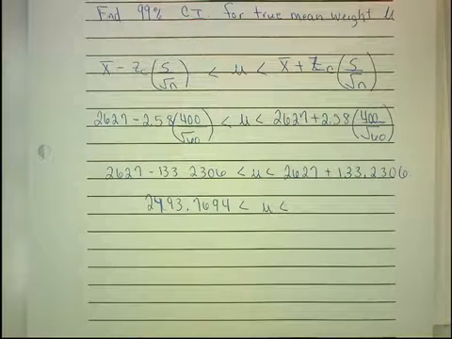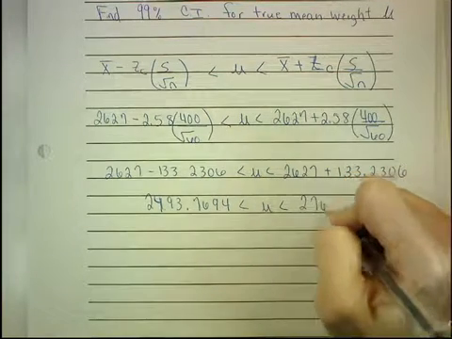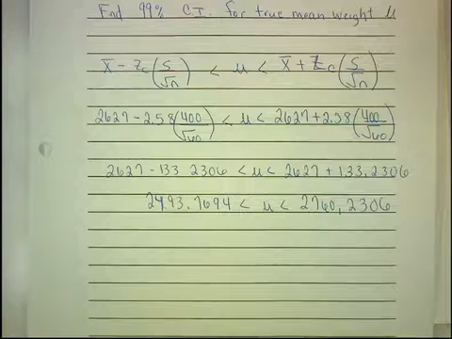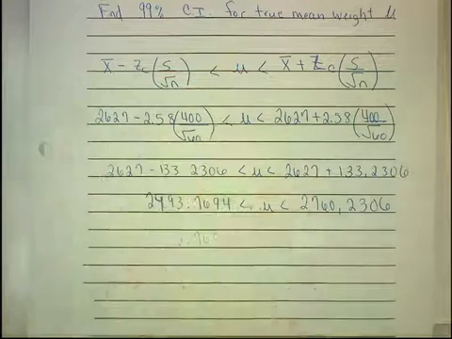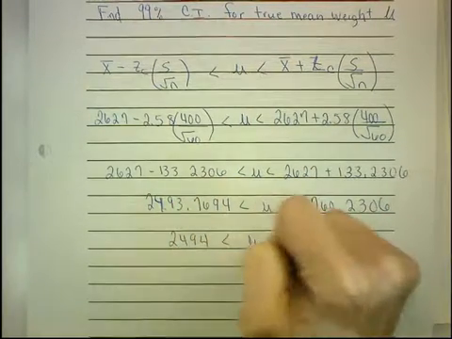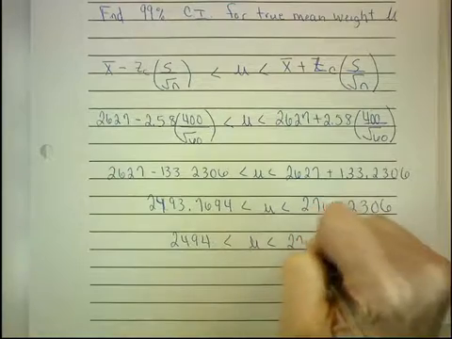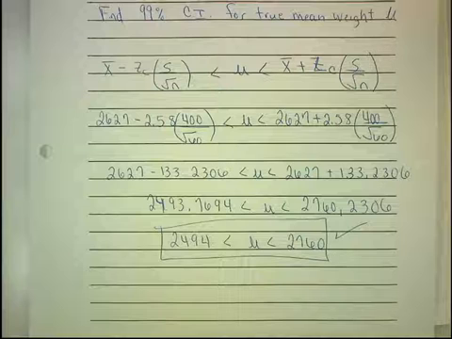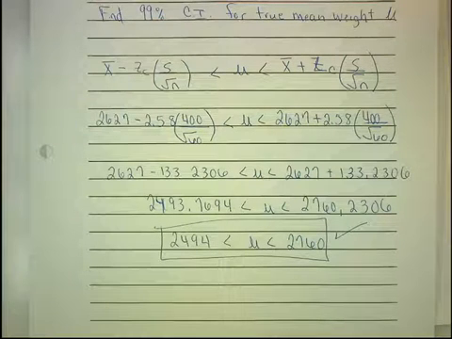Add to get $2760.2306, and we round to a whole number accurately because our sample mean is a whole number. 2494, 2760. There is the 99% confidence interval for the true mean weight of all compact automobiles.